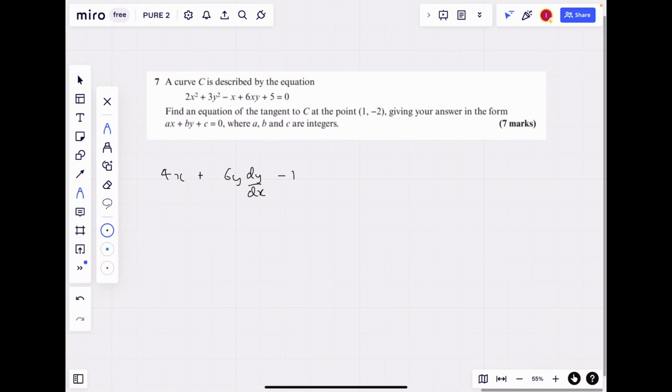Differentiating minus x gives minus 1. And then differentiating 6xy, you can write it as 6 bracket xy. So it would be 6 bracket x dy by dx plus y, making use of that rule. And then differentiating 5 gives you 0, and it's equal to 0. Like that. Cool.